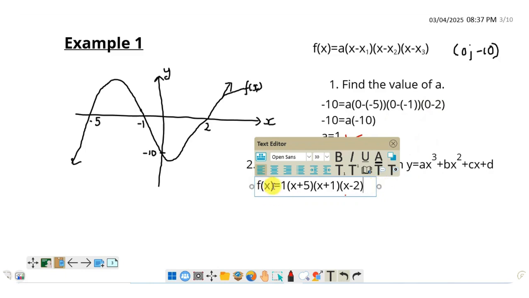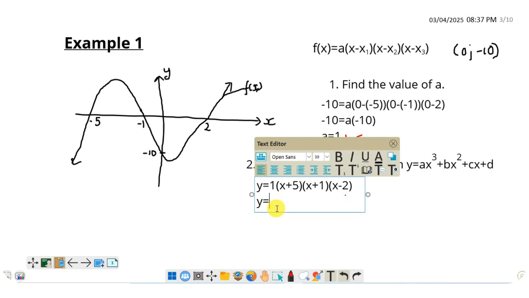So f of x represents y. Now I need to expand and simplify. I omit writing 1 because we know it is always there. I will multiply out and simplify.